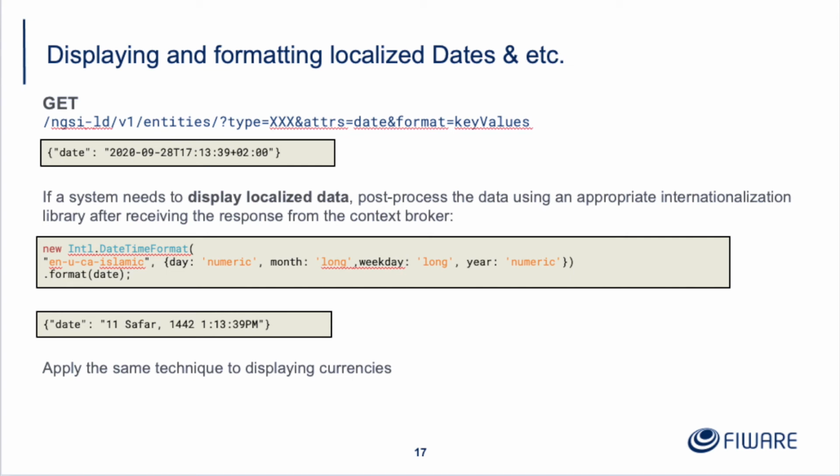This is a problem for the components which surround the context broker. Obviously, they are receiving data in NGSI format, but they then need to, in this case, do a Canadian Islamic date, I think it is, and in a specific format to get the information out. So you use standard libraries outside of your system, because you know that the data which is coming from your context broker is always going to be UTC dates.